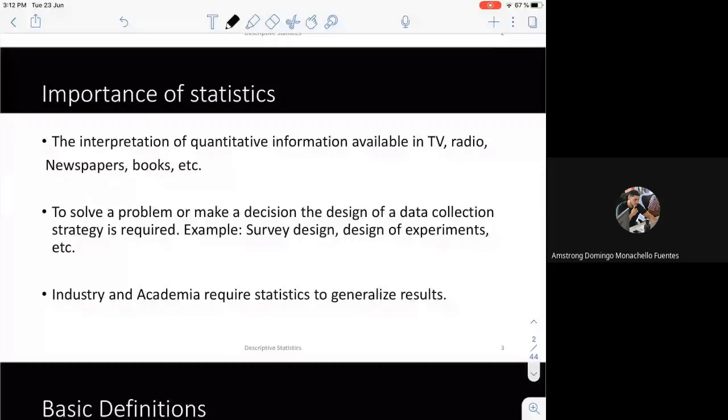And in general, guys, we're getting used to experiencing those predictive models in our daily lives. So as engineers, you need to know the basics of statistics so you are able to develop these types of models, or at least understand how they work.